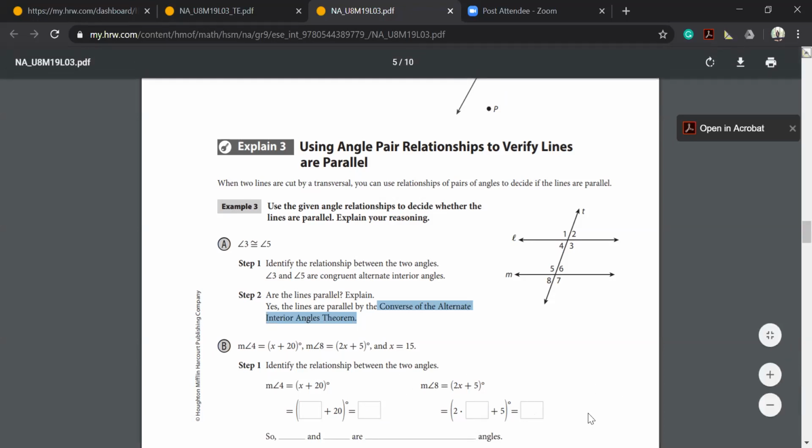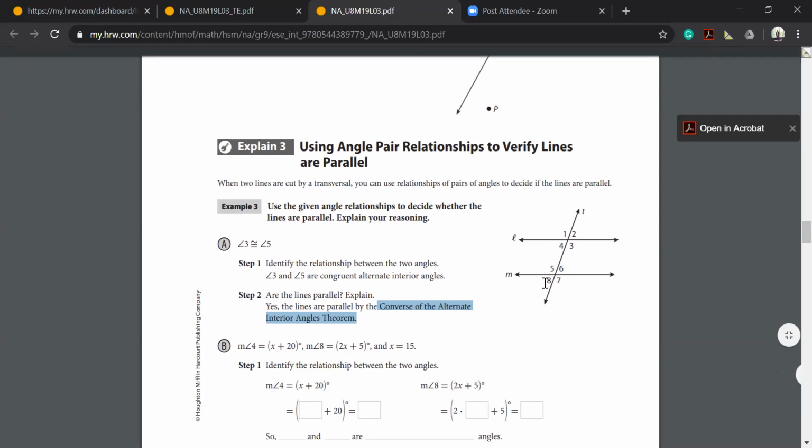They are equal, right? They are congruent, right? Let's go back to our diagram and see what angle 4 and angle 8 are exactly. Yes, this is the letter F. Angle 4 and angle 8, so they form what? Corresponding angles.